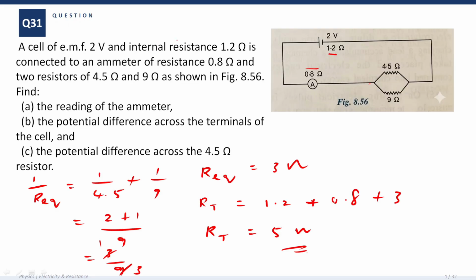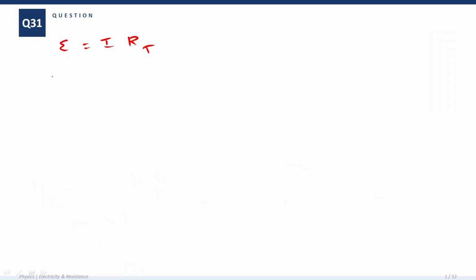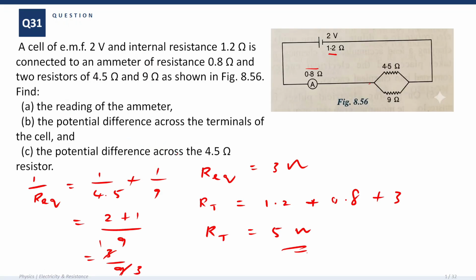Epsilon equals I RT, total resistance. Voltage epsilon is given as 2, so 2 equals I into 5. Then I equals 2 by 5. We get I equals 0.4 amperes. The current you will get it. The meter reads 0.4 ampere of current.